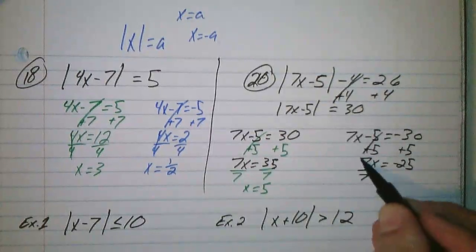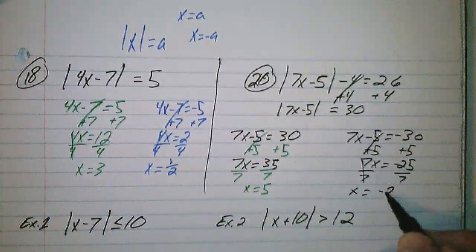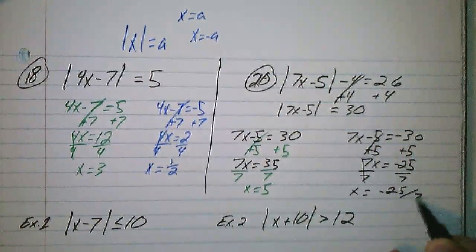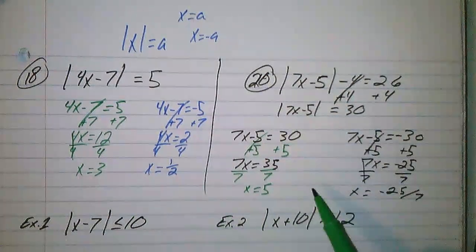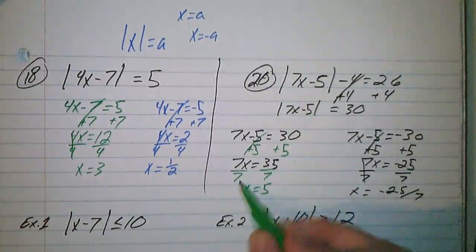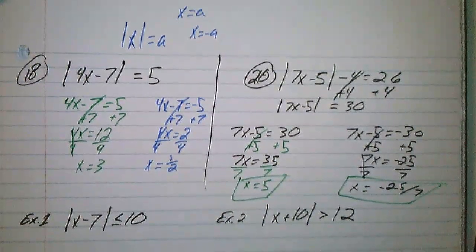And then we just divide out the 7. So x equals negative 25 over 7, which doesn't reduce. In ALEKS, you were asked to put this together in a solution set. You could just kind of box your 2 answers.